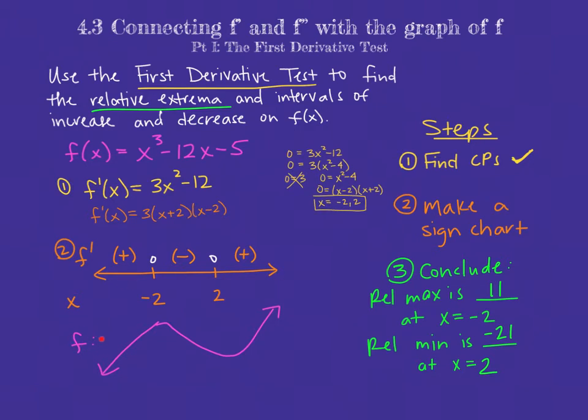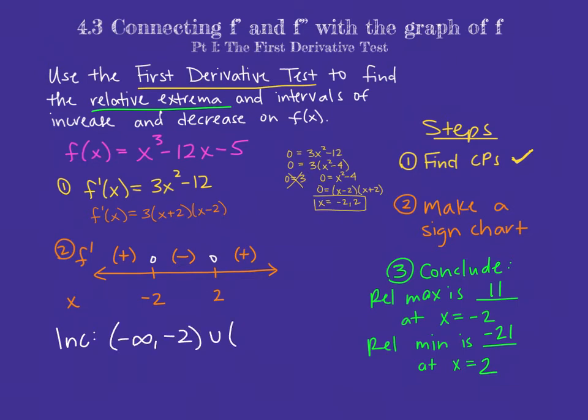So I sketched the graph of f because it just correlates so well with its derivative. And so our intervals of increase are where our first derivative is positive. So our interval of increase is from -infinity to -2.